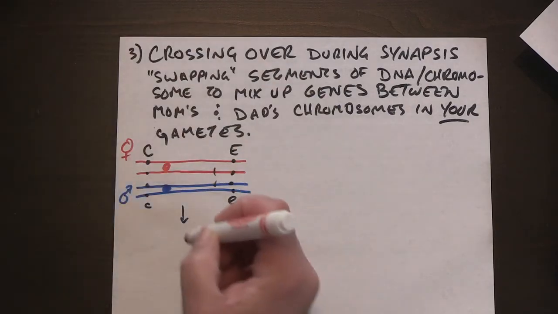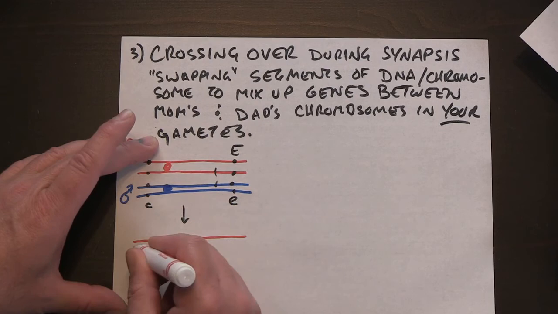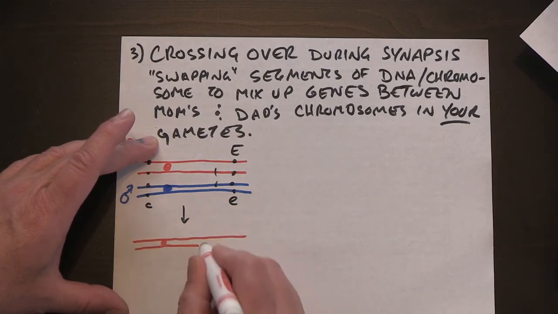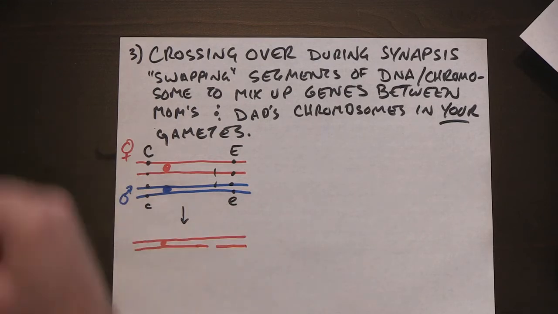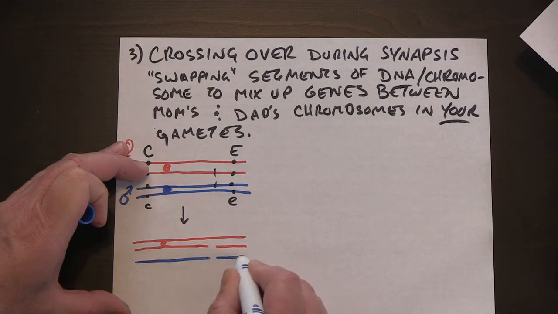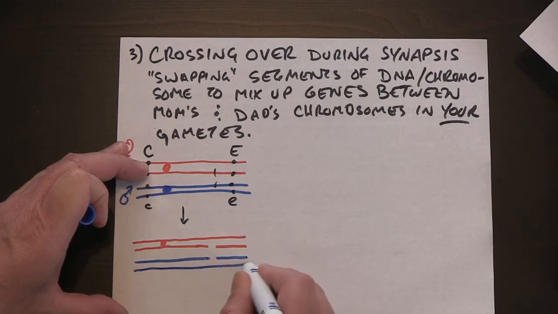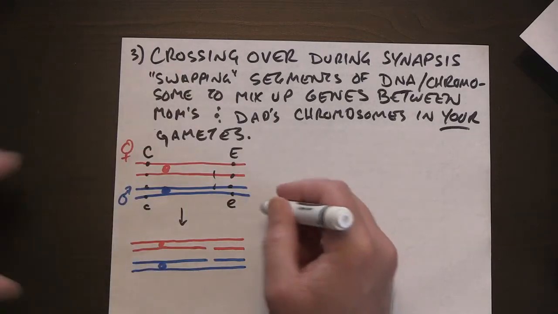So they break. And then they form what's called a chiasm.